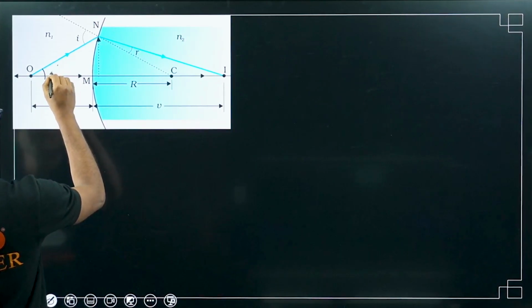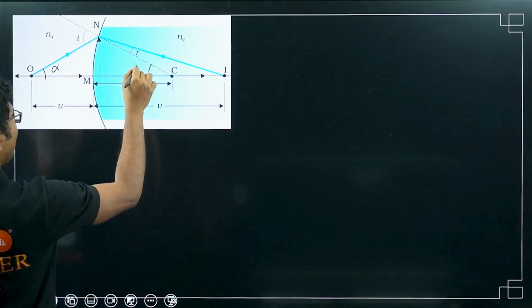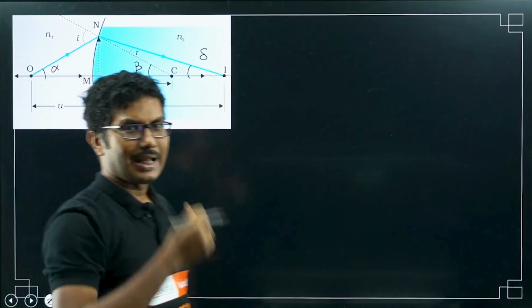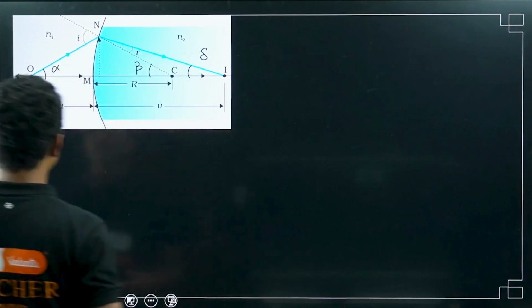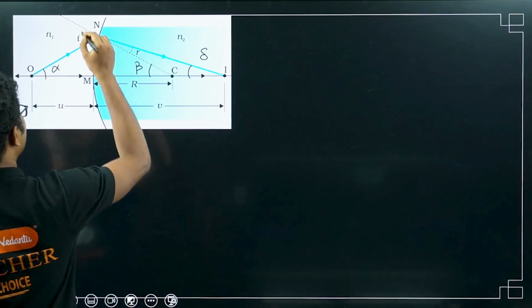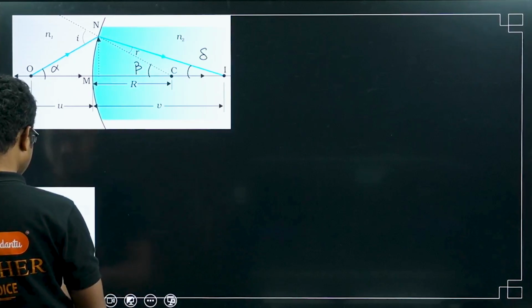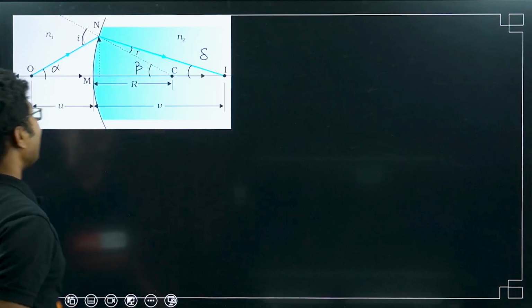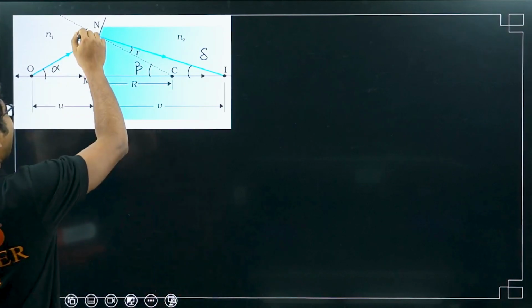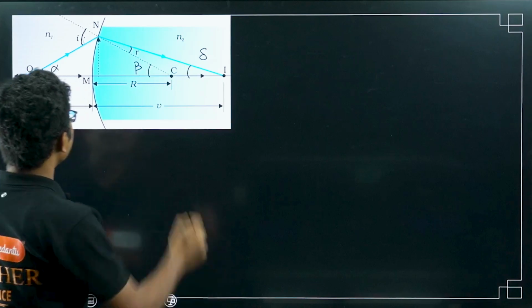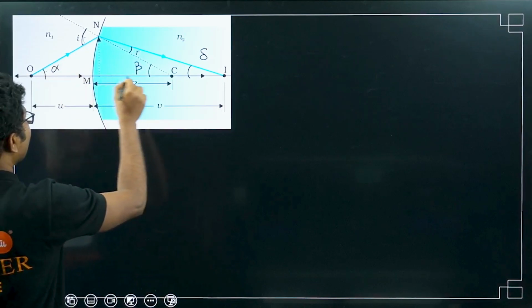Now again we will consider this image, and we will find the relationship between the angles alpha, beta and delta. First we will see that this is the angle of incidence i, and this is the angle of refraction r. Now how is this angle i related to alpha and beta? If you see, this is a triangle.